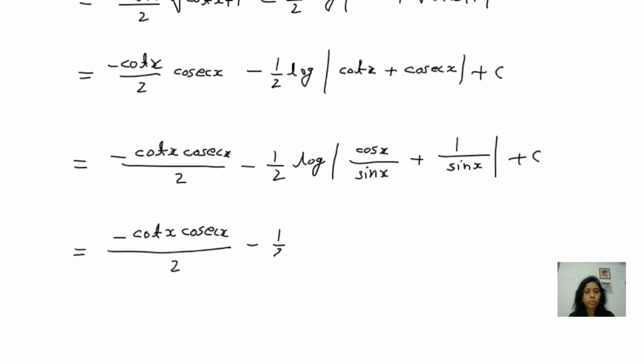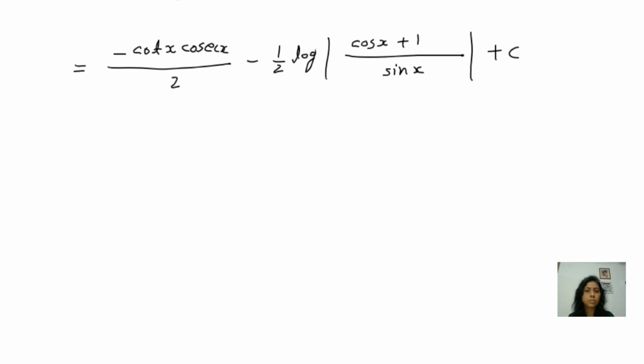Minus 1 upon 2 log of the absolute value of cos x plus 1 divided by sin x, plus c, where c is any arbitrary constant.